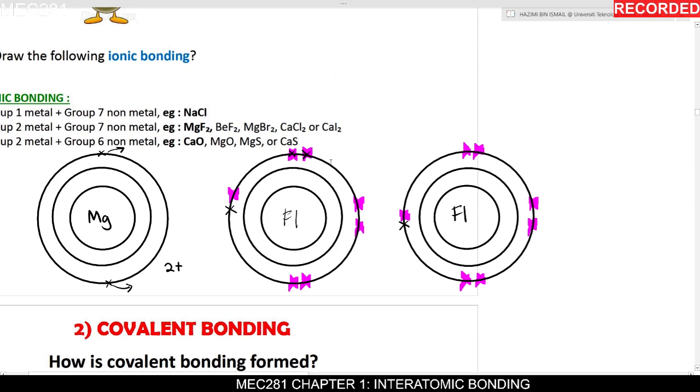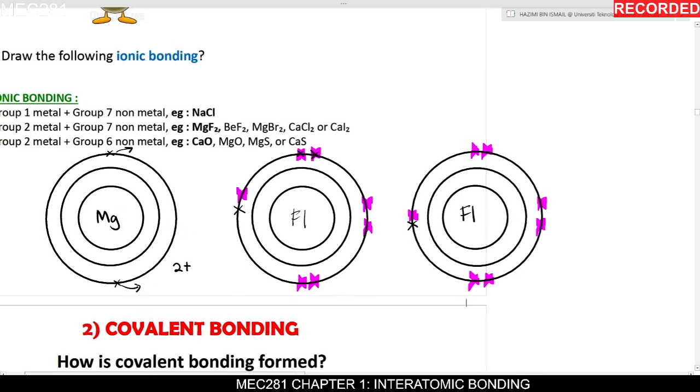So now we have 2 atoms of fluorine receiving 2 electrons from 1 atom of magnesium. So now if you receive or donate electrons, you are no more an atom. You now become an ion.